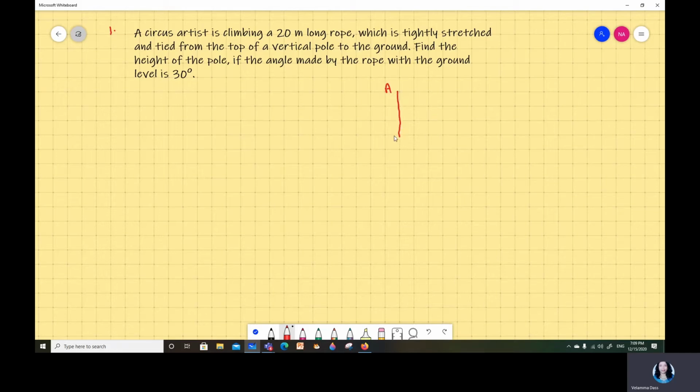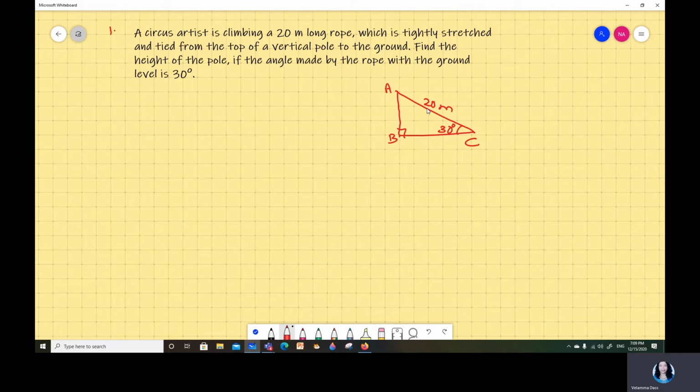Here it is given as AB and here it is given as C. So the diagram was given already. I'll just draw what else was given in the textbook. So this is given. So let's start solving. A circus artist is climbing a 20-meter long rope. Here you can find the rope is usually not straight, it's not possible, so it is slanting.